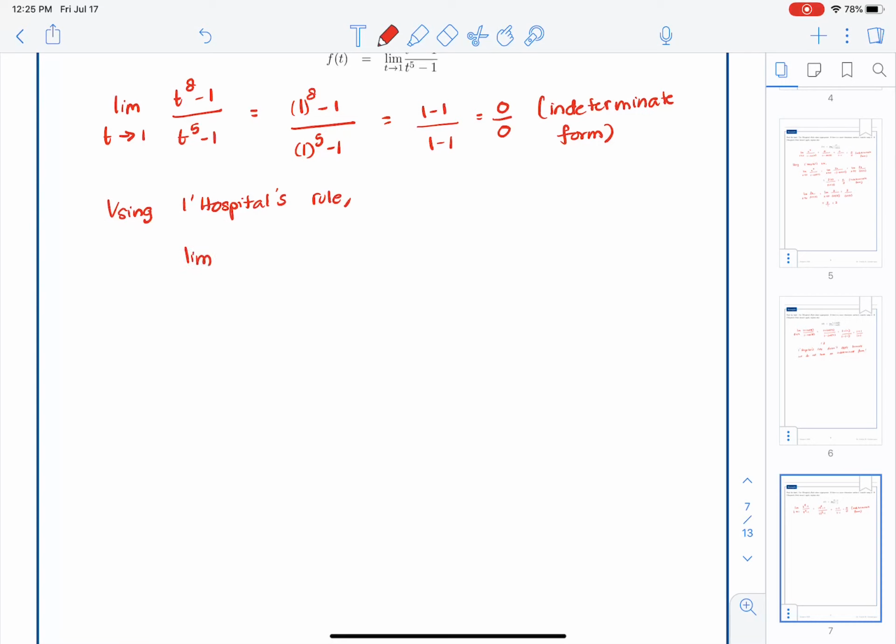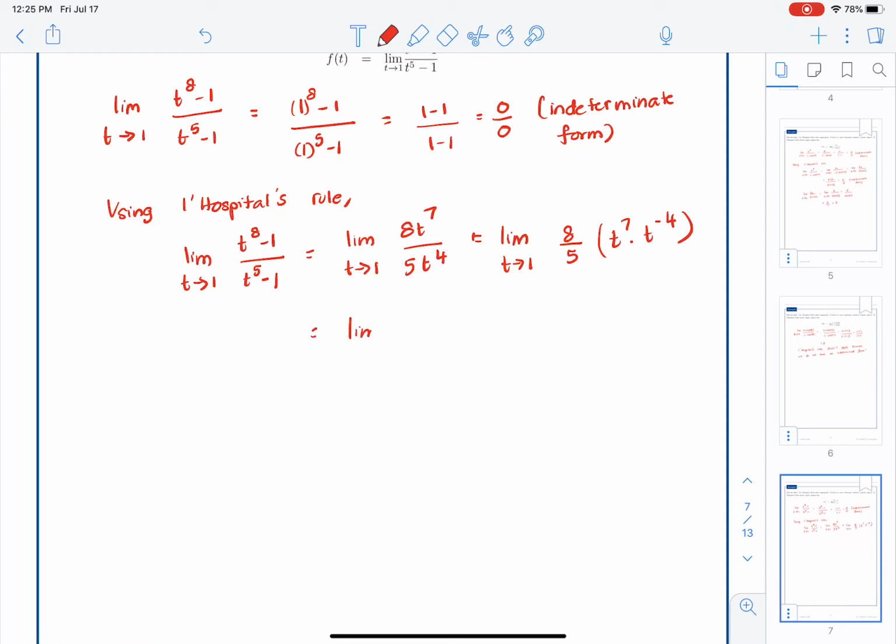So the limit as t approaches 1 of t raised to 8 minus 1 divided by t raised to 5 minus 1. Take the derivative of the numerator: 8t raised to 7, divided by 5t raised to 4, which would be the limit as t approaches 1 of 8 over 5, t raised to 7 times t raised to negative 4.